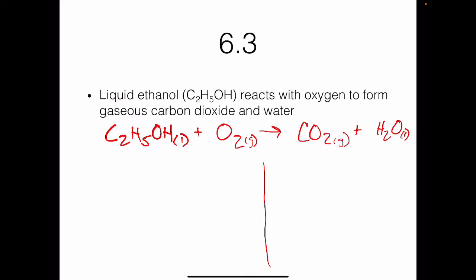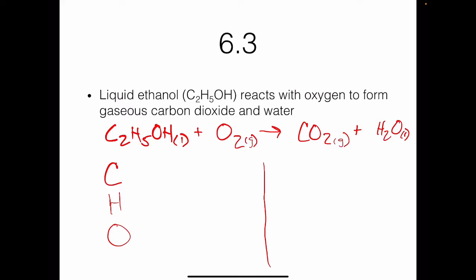So we can see on the left, we have carbon, hydrogen, and oxygen. And on the right, again, we have carbon, oxygen, and hydrogen. So we have the same elements that appear on both sides. We know then that our formulas are probably correct. If you end up with one element on one side that's not on the other, then you have to go back and check your formulas because you've probably missed something.